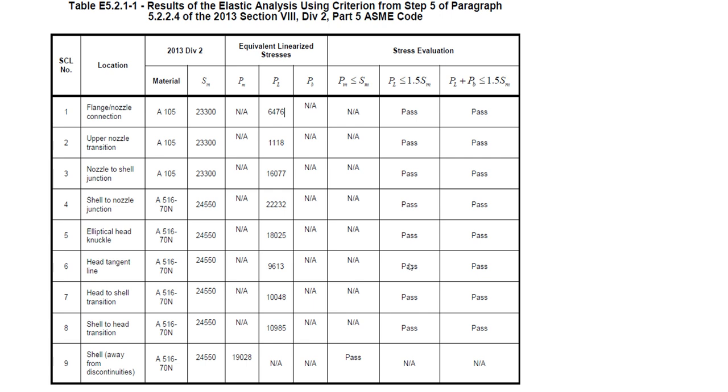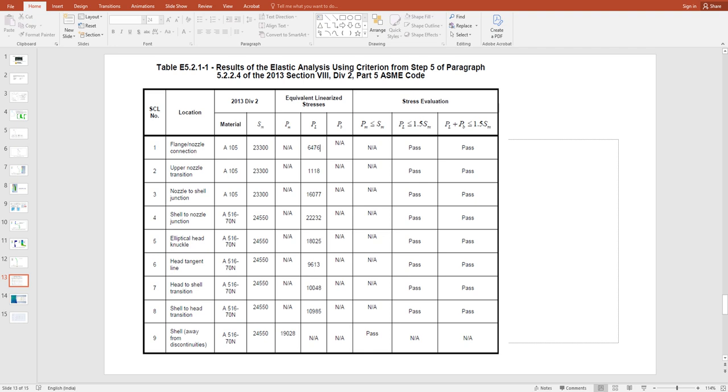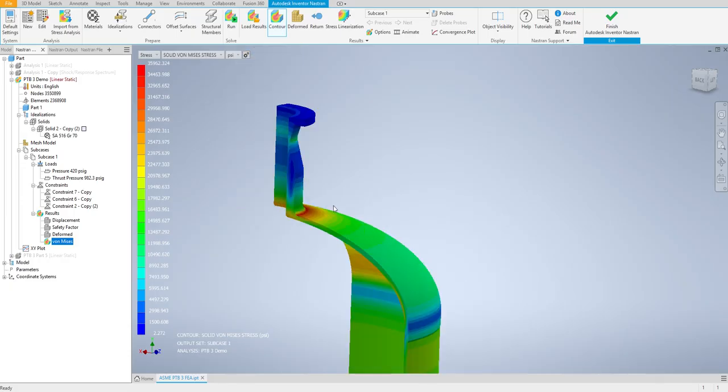So let's understand how to perform the stress classification, how to put a stress classification line, and evaluate the stresses. I am once again going into Nastran, and you can see here the stress linearization entity.